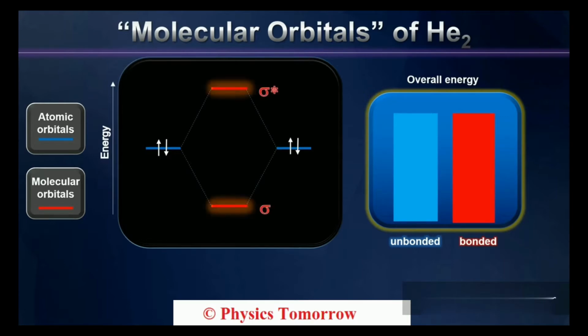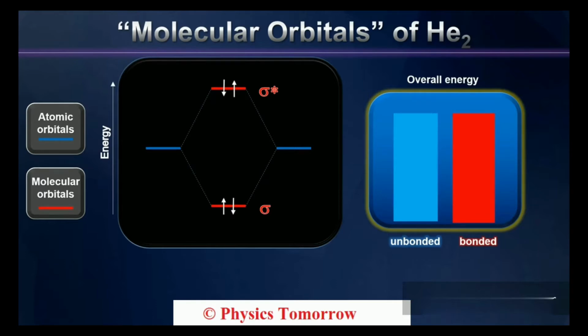We combine them into a system with a sigma and sigma star molecular orbital, and then we populate that system. Now, in this case, I have two electrons that can fill the sigma bonding molecular orbital, lowering the overall energy. But I still have two more electrons that have to go into this new molecular orbital system. And they have no choice but to go up in energy and populate the sigma star.